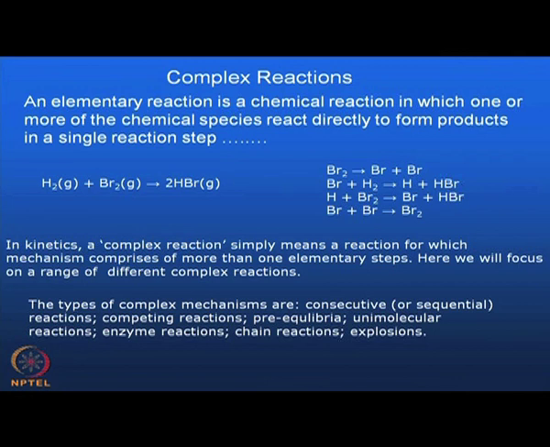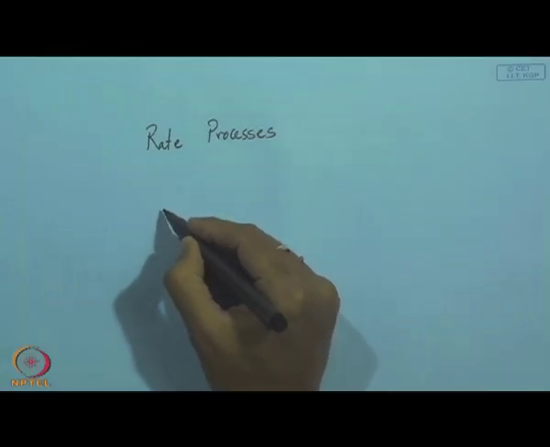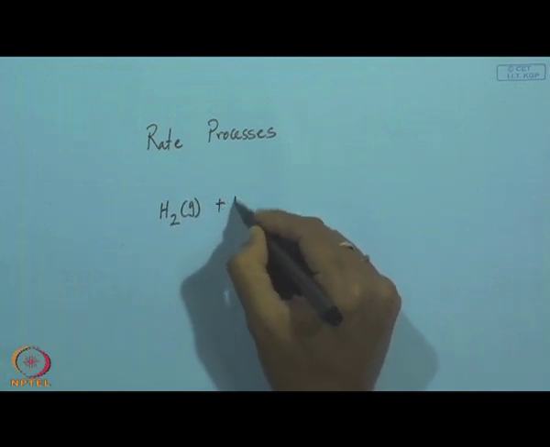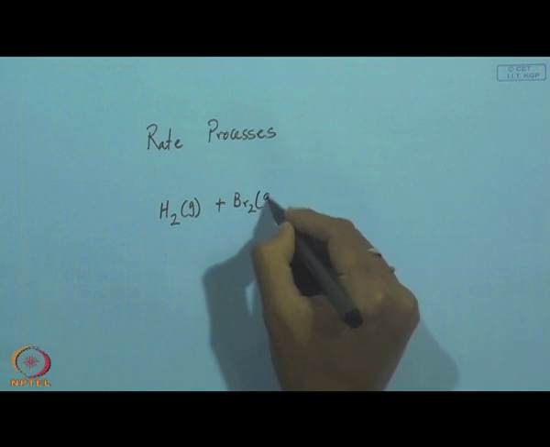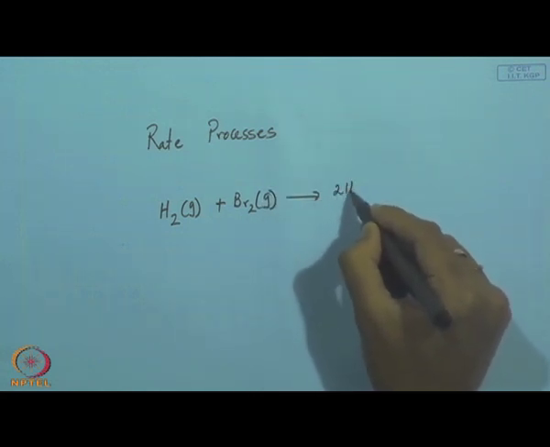As an example, if we concentrate on this reaction, H2 gas plus Br2 gas, it is a gas phase reaction to produce twice HBr.